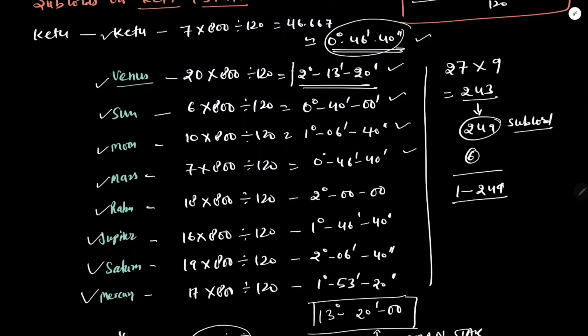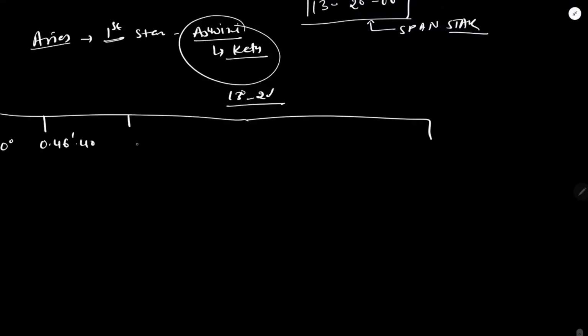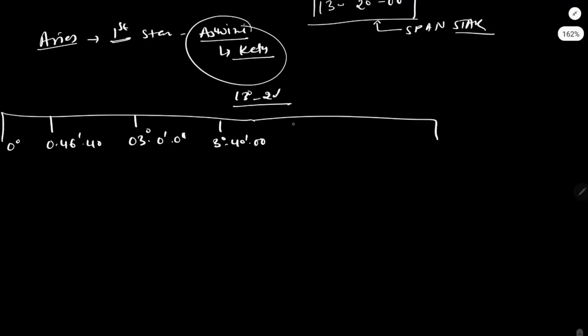Then if we add 2 degrees 13 minutes 20 seconds, because next we will have Venus, we will get 3 degrees 0 minutes 0 seconds. Then we have 3 degrees 40 minutes, then 4 degrees 46 minutes 40 seconds. So this is for Ketu.